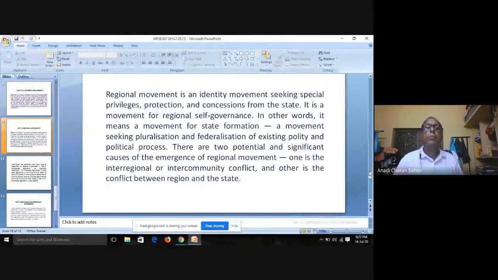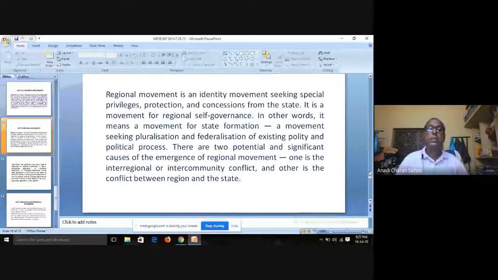It is a movement for regional self-governance. In other words, it means a movement for state formation, a movement seeking pluralization and federalization of the existing polity and political process.